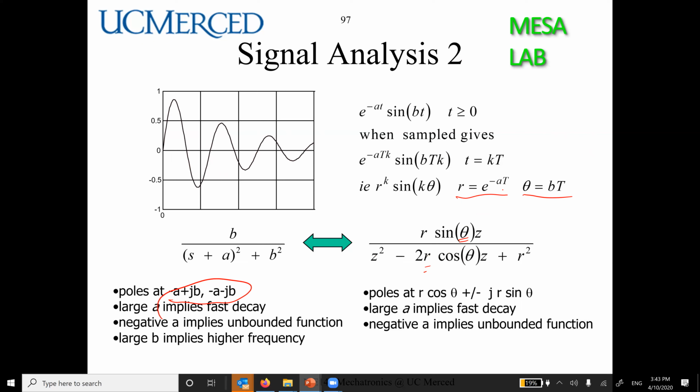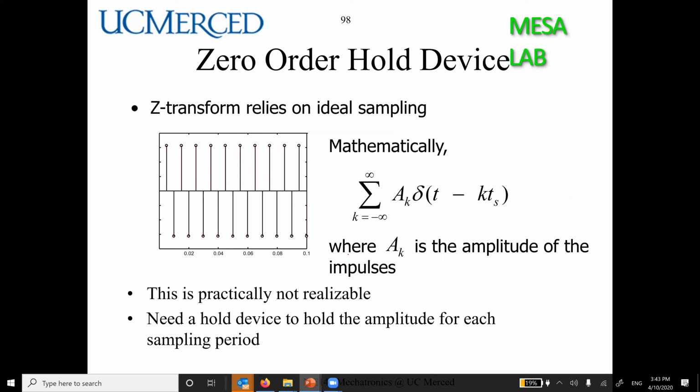But remember, if b is there, then no, you cannot. So you end up with a second order z transfer function like that. At this point, we are going to stop after I say this. We'll have more material to cover next week.